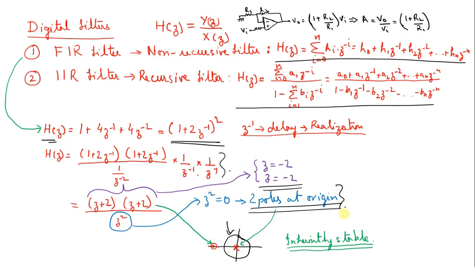If you see, all of them are at the origin. Due to this reason, FIR filters are inherently stable. Whatever you do, you cannot make an unstable FIR filter.